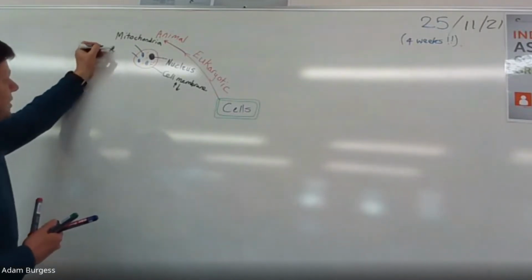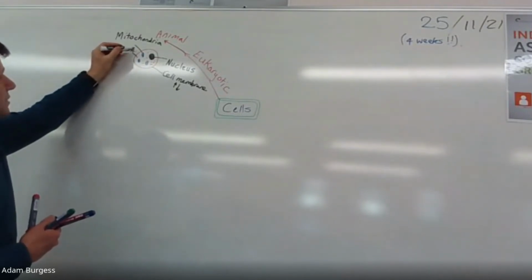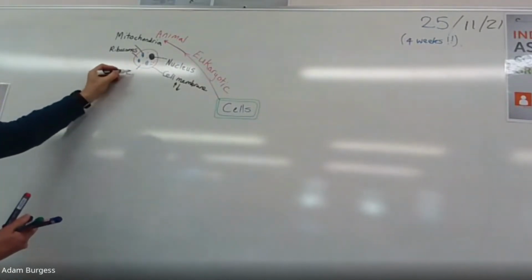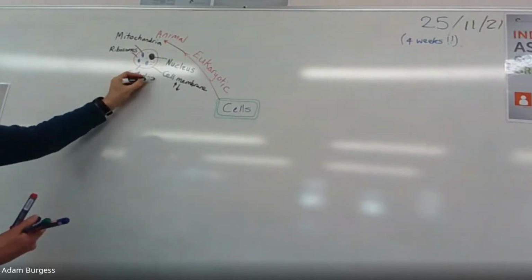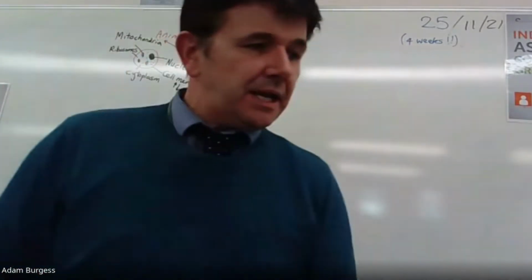Do you know what happens in the ribosomes? Yeah, it makes proteins or synthesizes proteins. Very good. Okay, and there's one last thing, the cytoplasm. So that is where chemical reactions occur. If you're doing foundations here, they love you to label bits, label cells like that.